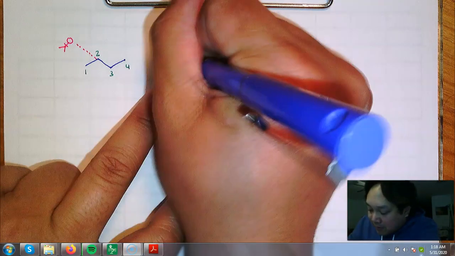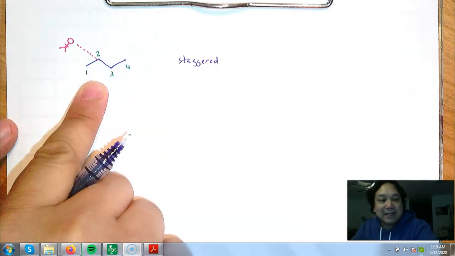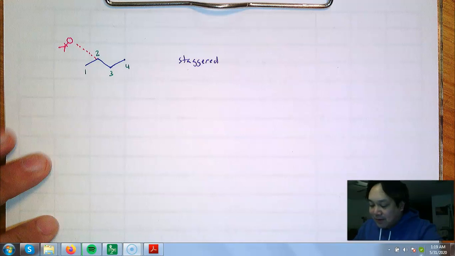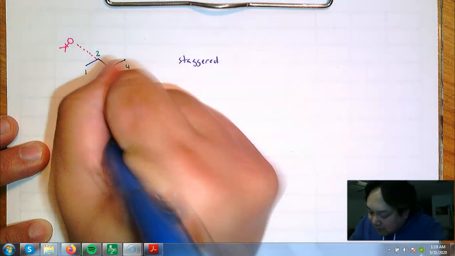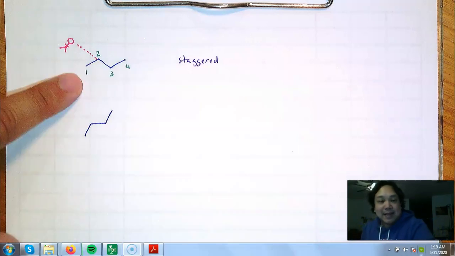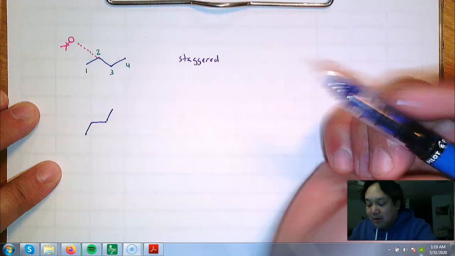Okay. Let us draw a staggered conformation. And actually, the zigzag is staggered, because, if you think about it, I'm going to tilt it a little bit. If you think about what the zigzag means, this is the zigzag. Where are your hydrogens?